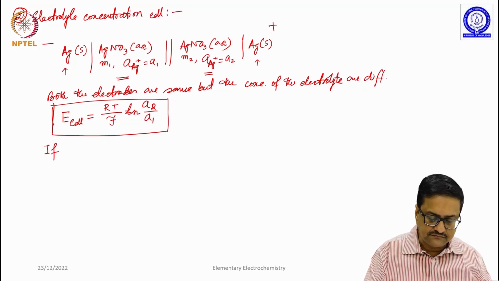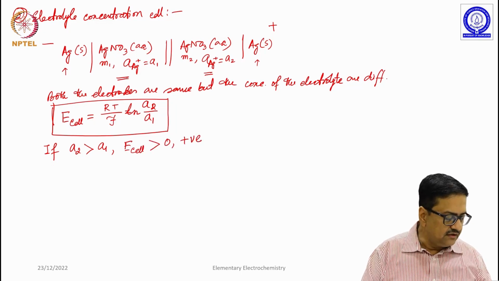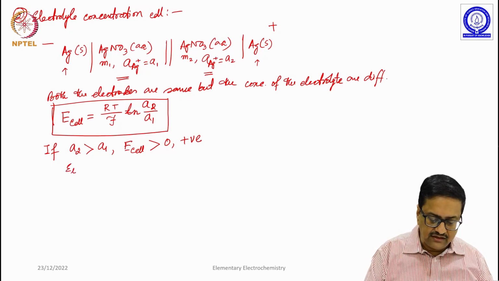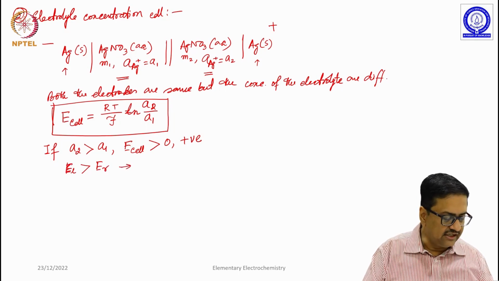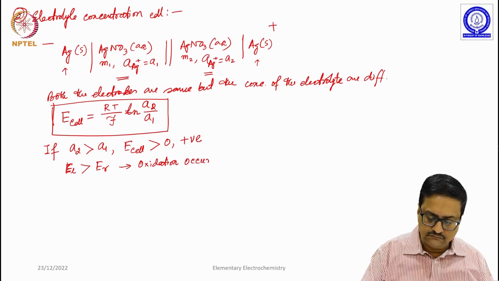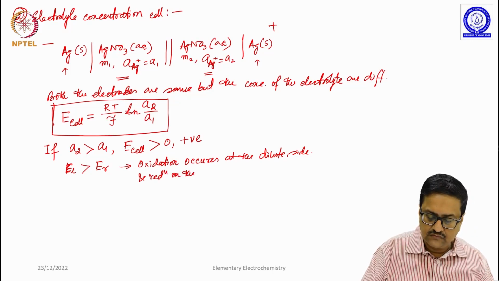So, now if A2 is greater than A1, E cell is greater than 0, that is positive, and that essentially means EL is greater than ER, which essentially means oxidation occurs at the dilute side and reduction on the concentrated side.